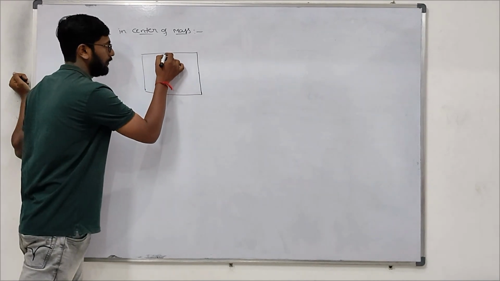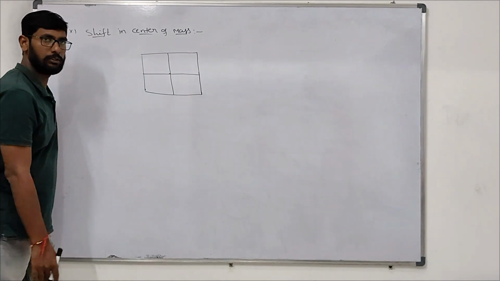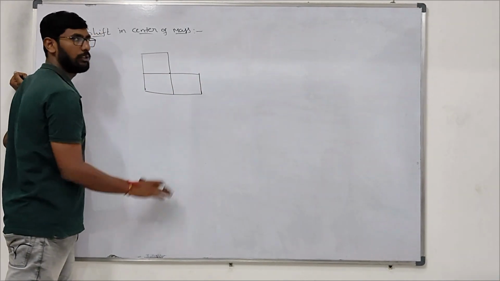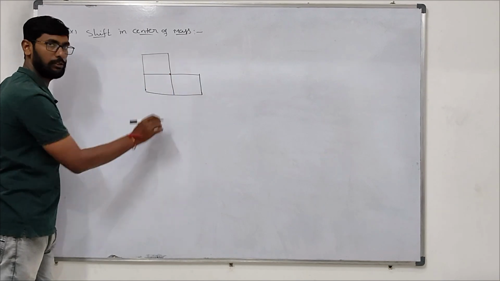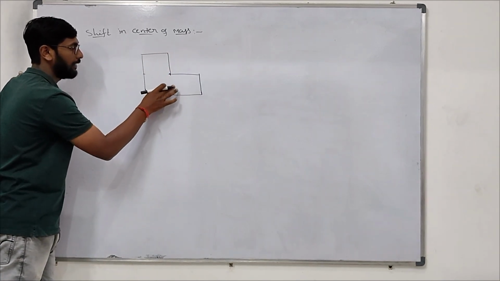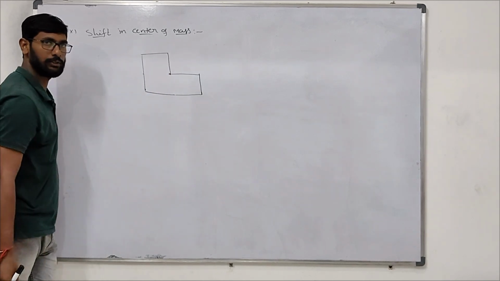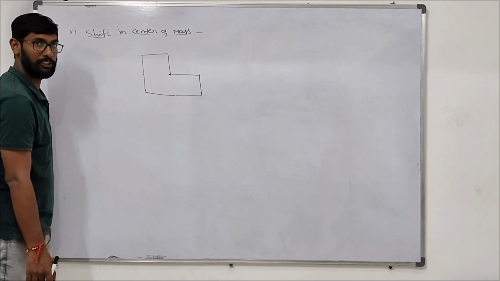Now what we have done, we have 4 parts. Remove this part. Right? Initially the center of mass is here only. After removing that part, will the center of mass be here or will it change? The position of center of mass will change. That means the center of mass will be shifted.